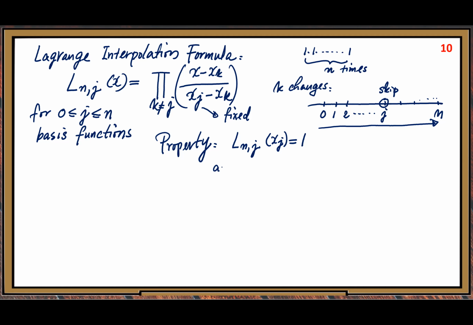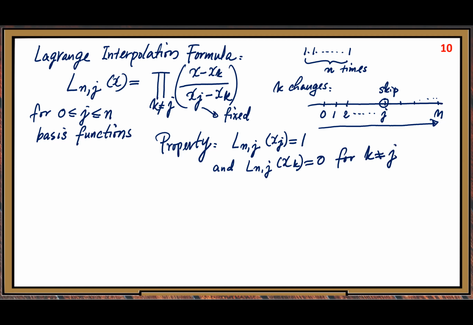And L n,j of xk equals 0 for k not equal to j.